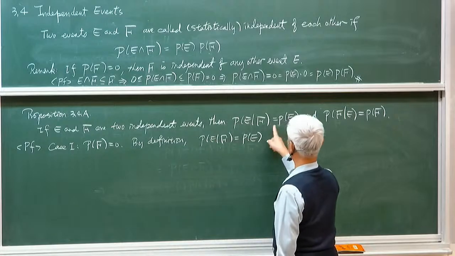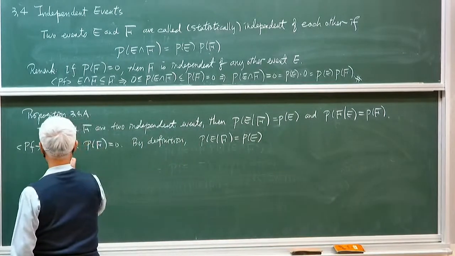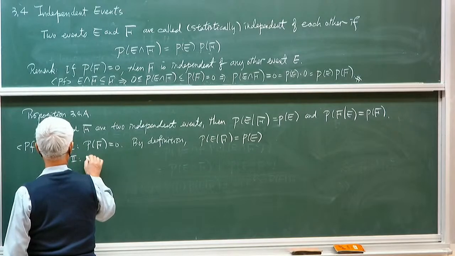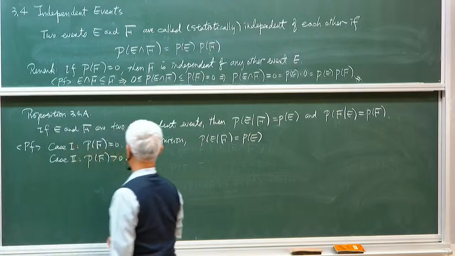So we already have this identity. Case number 2: this probability is positive.